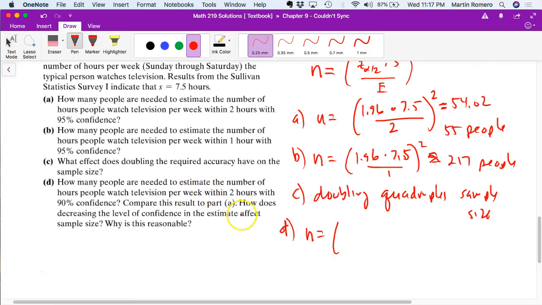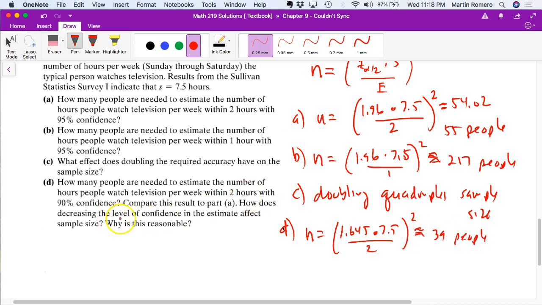So you put 1.645 times 7.5 all over the margin of error 2, all of that squared. And so on D, you should end up with approximately 39 people.